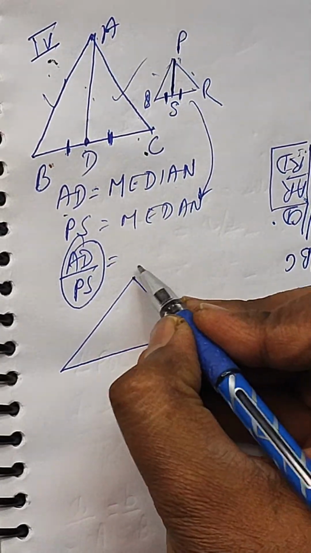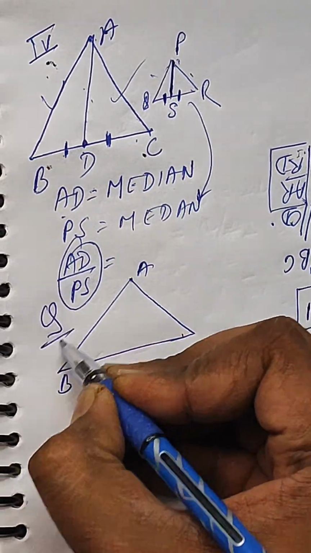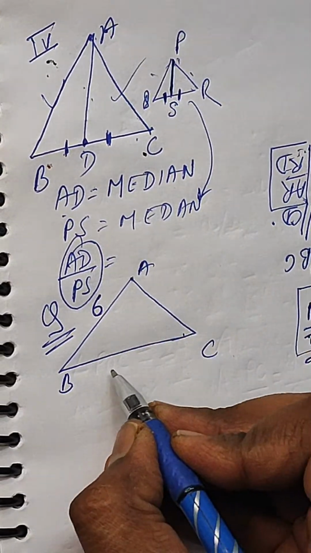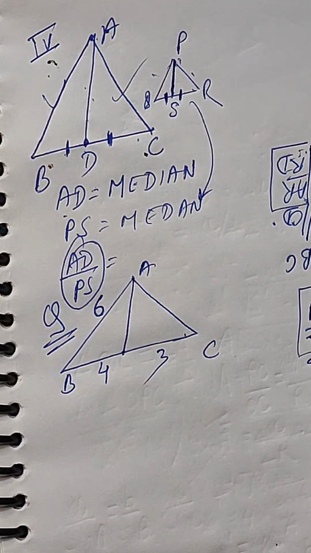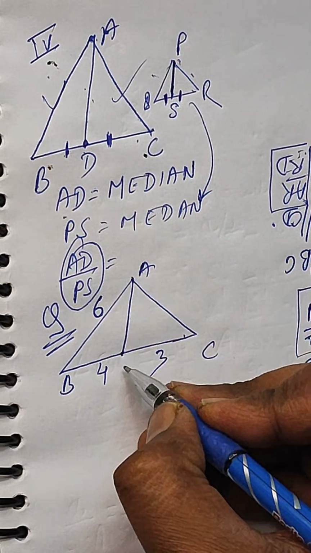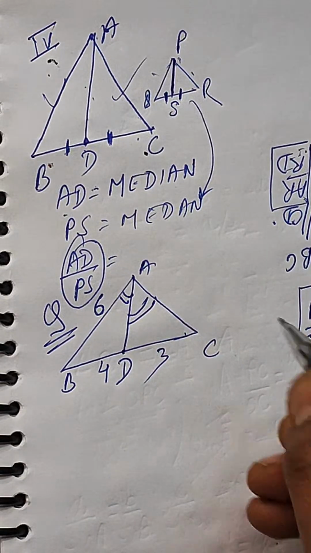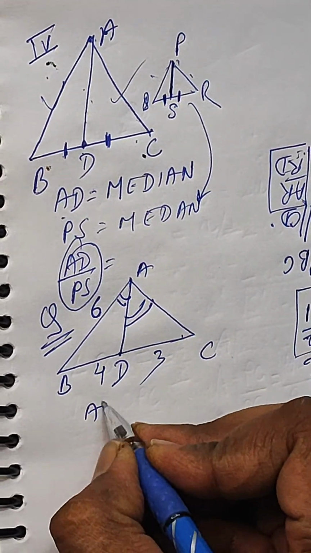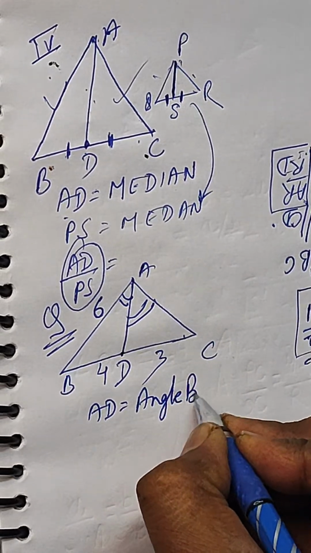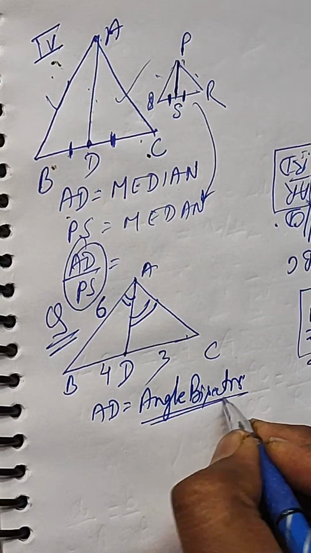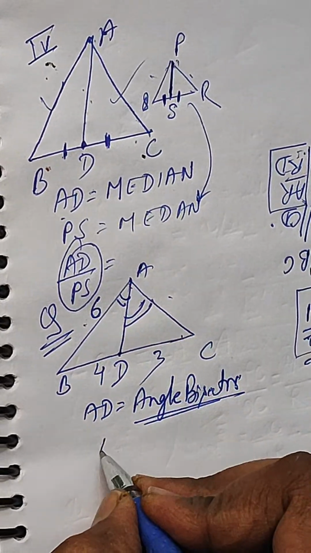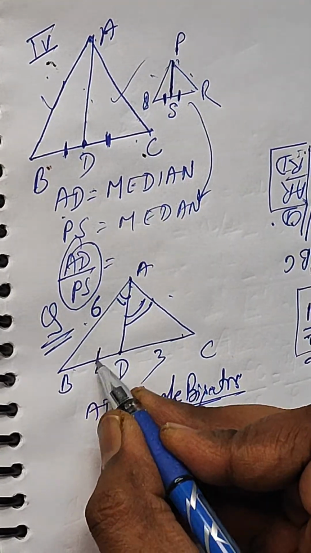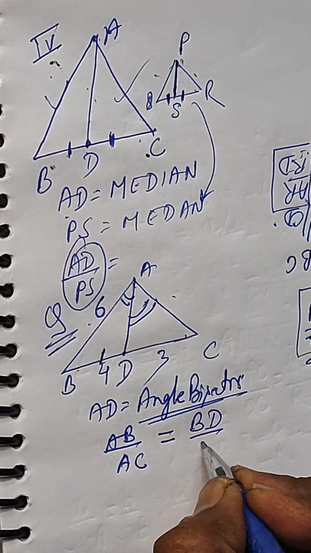In this question, if this is 6, this is 4, this is 3, and if AD is the angle bisector, then given that AD is the angle bisector, we can say that AB to AC should be equal to BD to DC. This ratio will be equal.